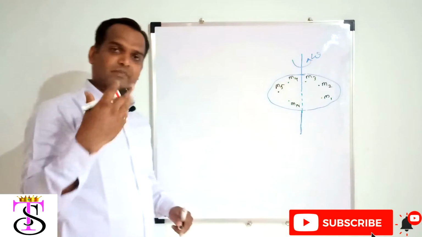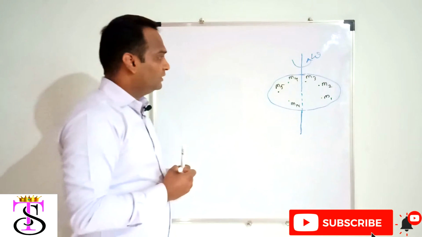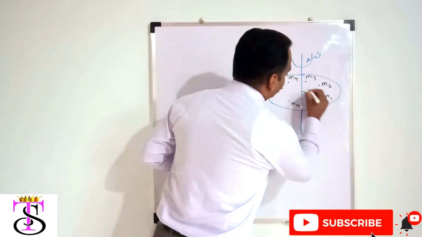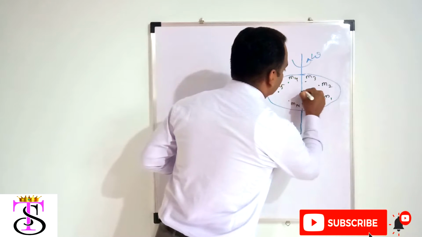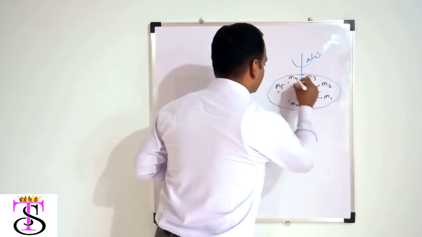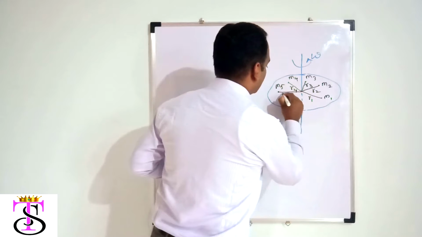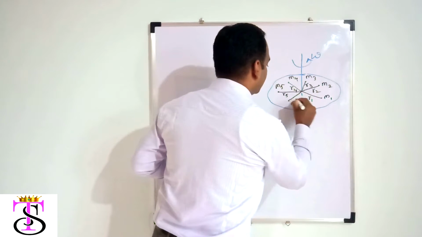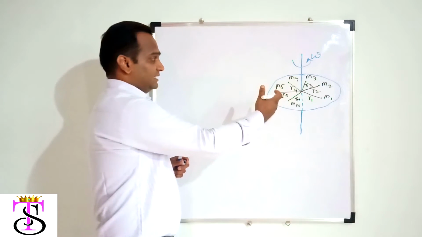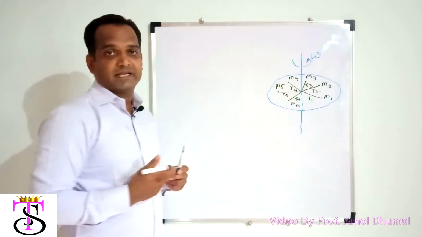So there are a number of small masses in this body. Now these masses are at different radii like r1, r2, r3, r4, r5 and rn. So there are n masses which are at distances r1 to rn.